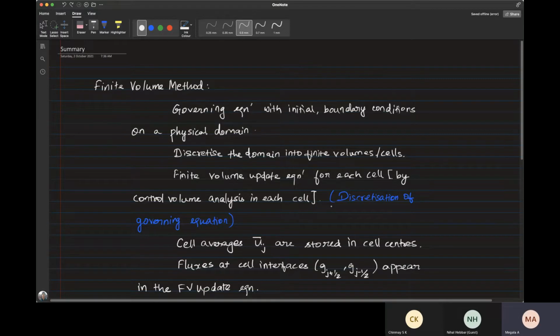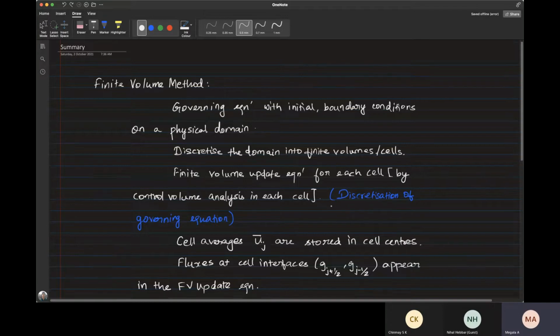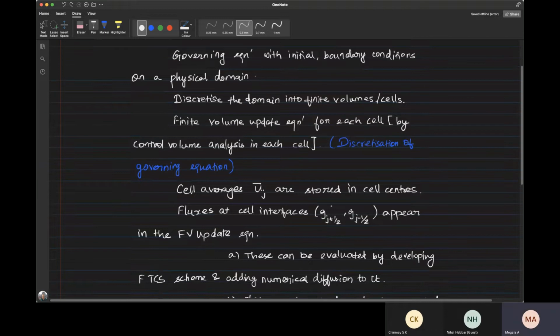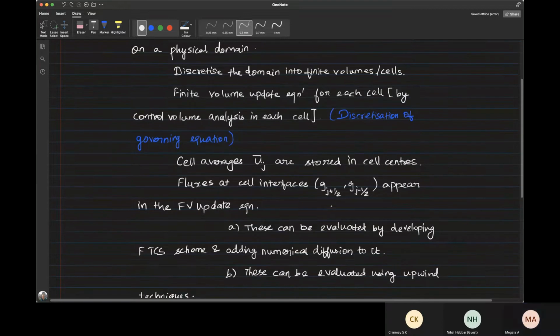Now, in any finite volume method, you will be storing your values, the U_j bars, at the cell centers. These are cell averages and these will be stored at cell centers. These are the values for which you will be solving using your update equation.